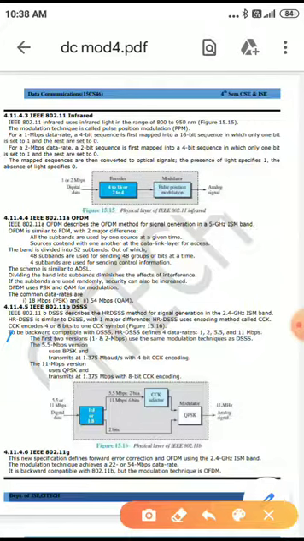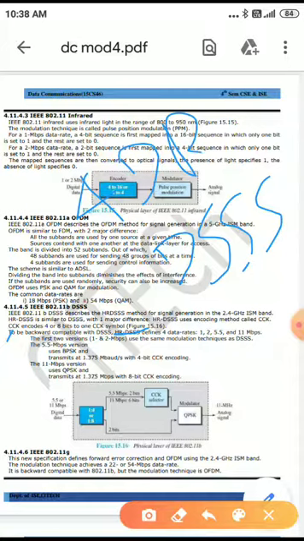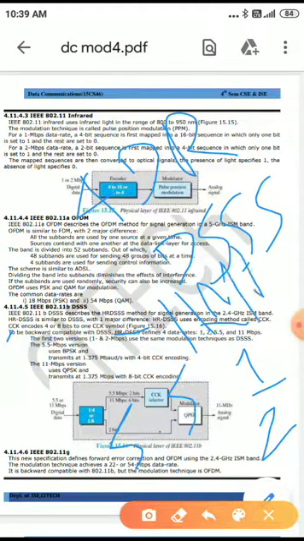They are 1, 2, 5.5 and 11 Mbps. Okay, they are using 4 data rates: 1, 2, 5.5 and 11 Mbps.